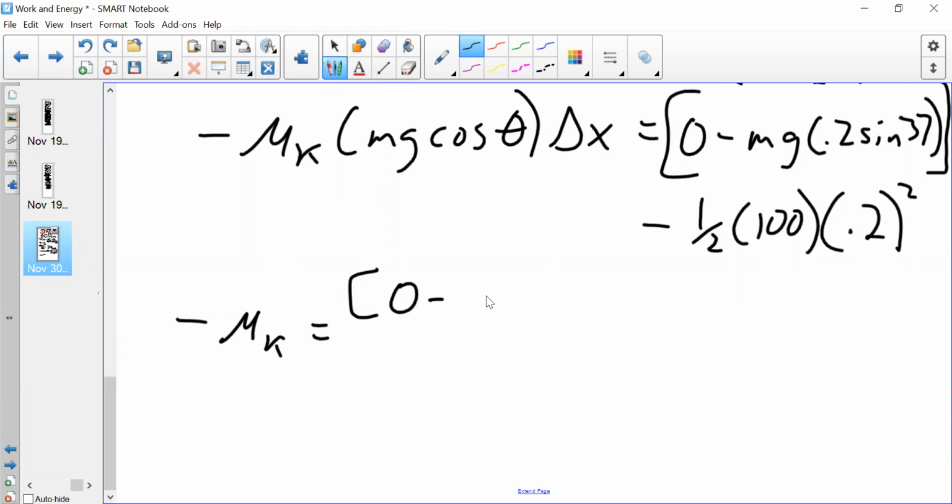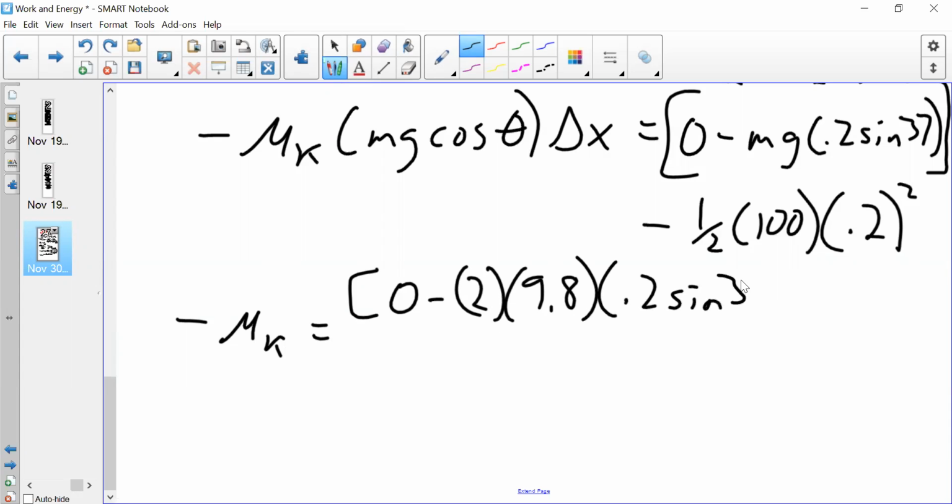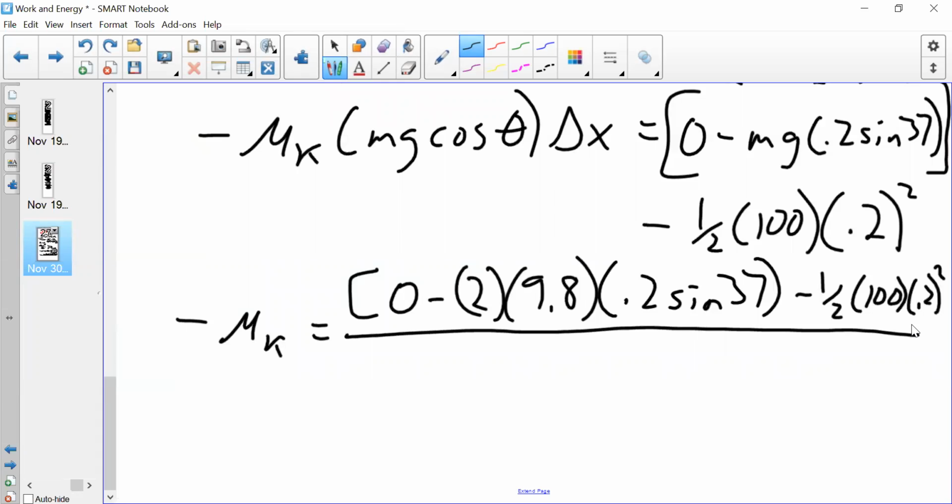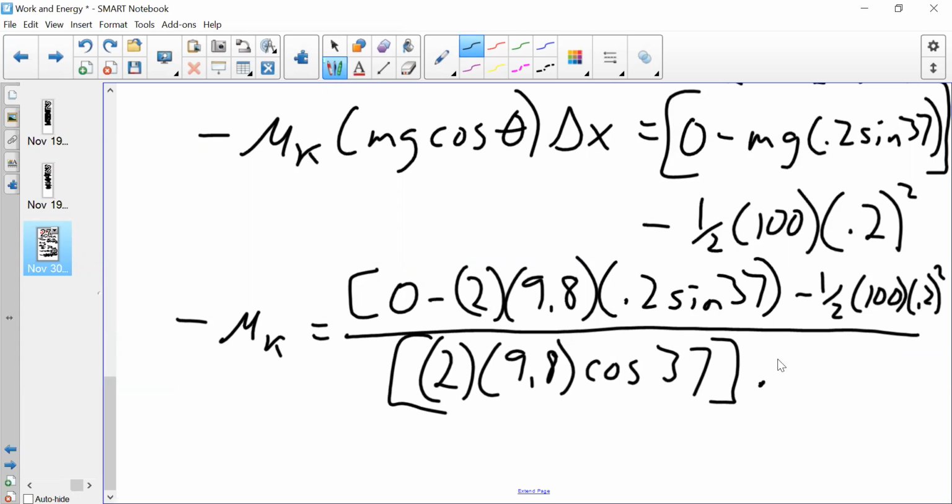So the mass is 2, and then minus, divide that by the other stuff here, 2, do that and multiply by 0.2.